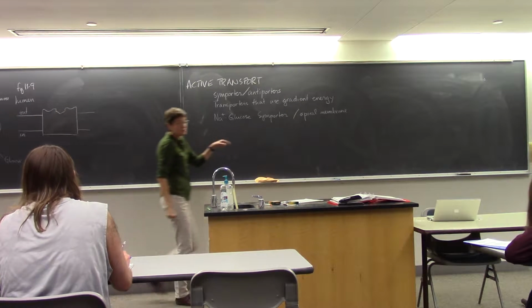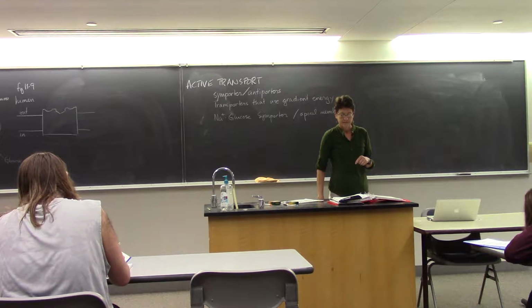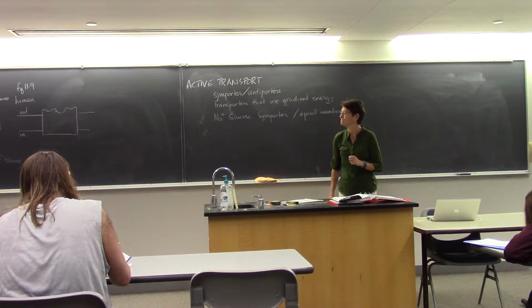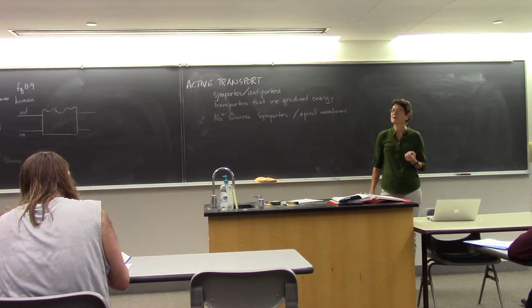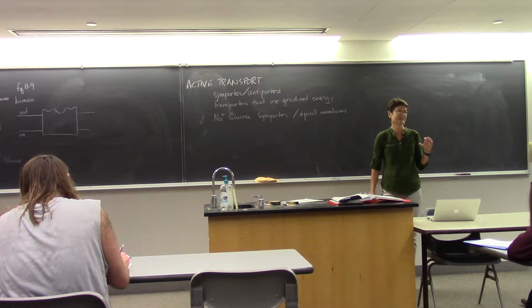Sodium's moving down its concentration gradient. Glucose is moving up a concentration gradient. So where are we going to find more glucose? In the lumen or in the cell? In the cell.